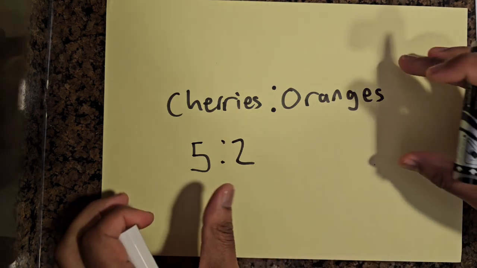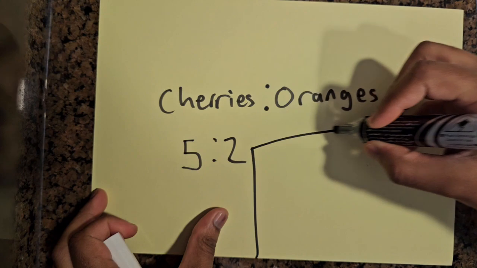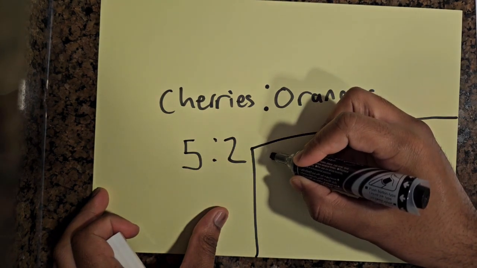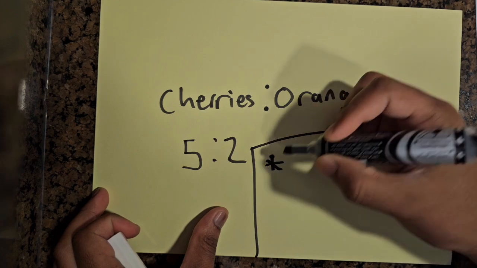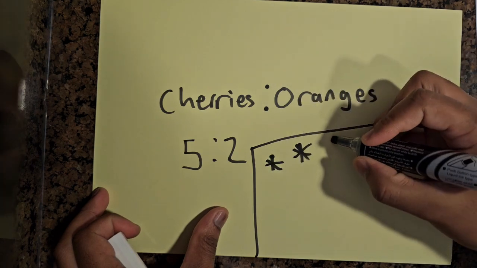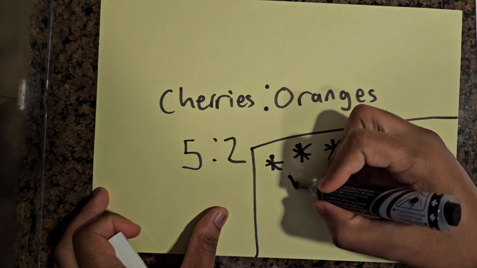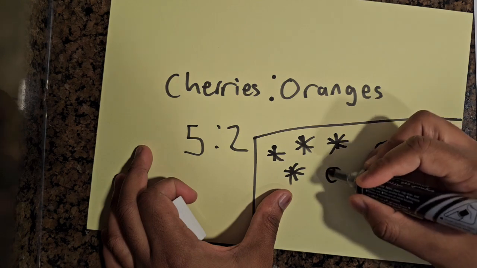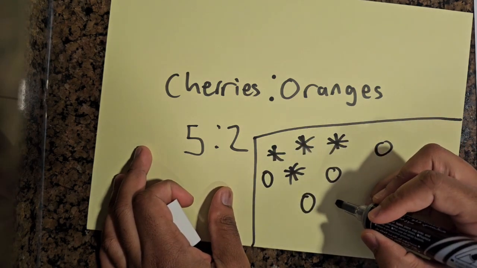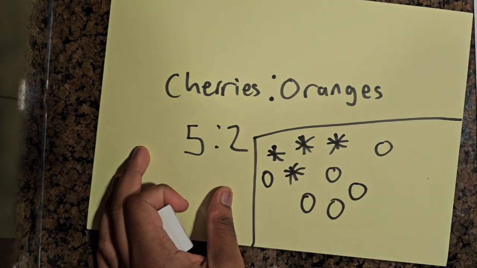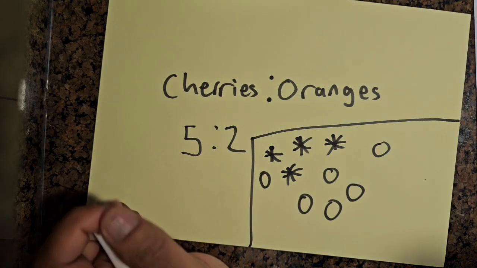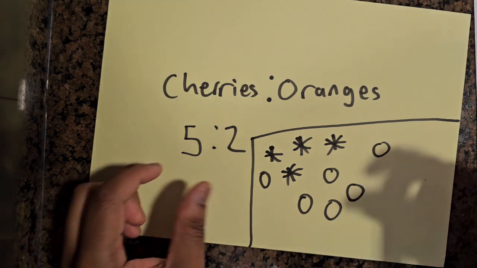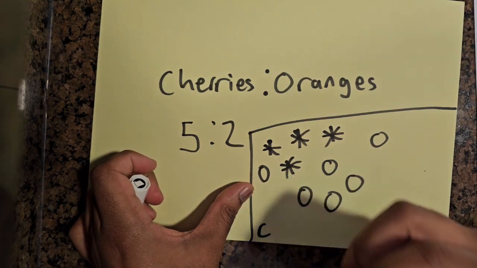So I'm going to do a slightly different example over here. Let's say we have stars. This is very bad stars, but you get the idea, okay? And circles. If I asked you to write the ratio of circles to stars, remember, I'm saying circles first.